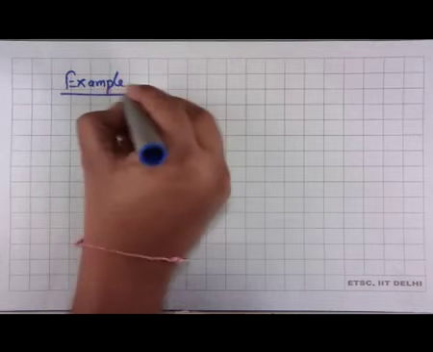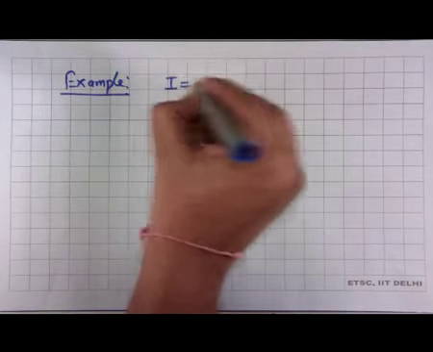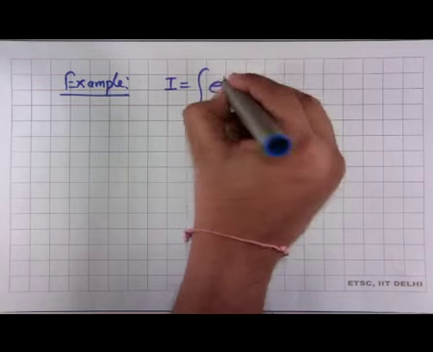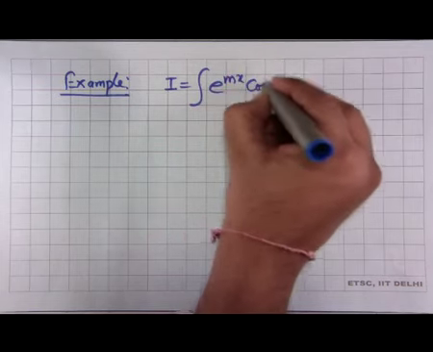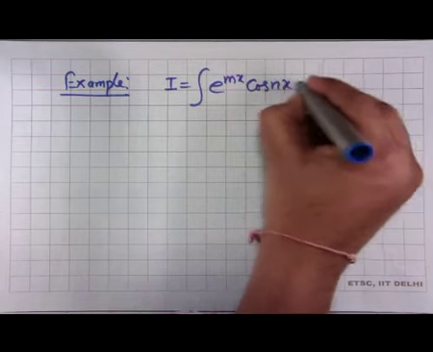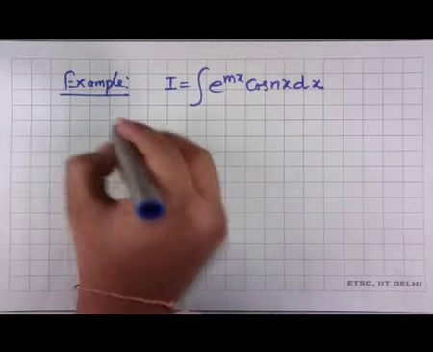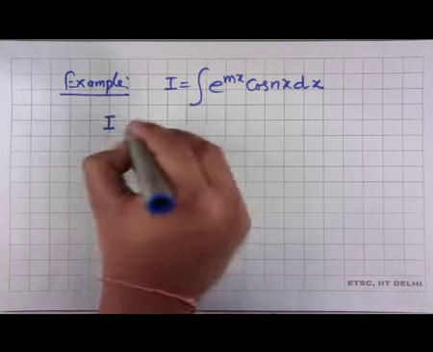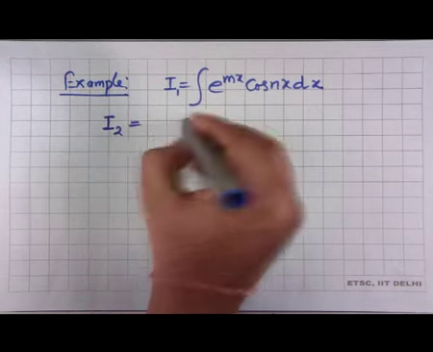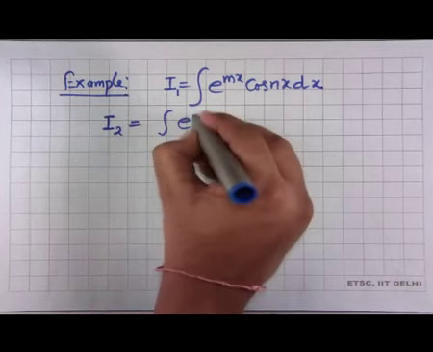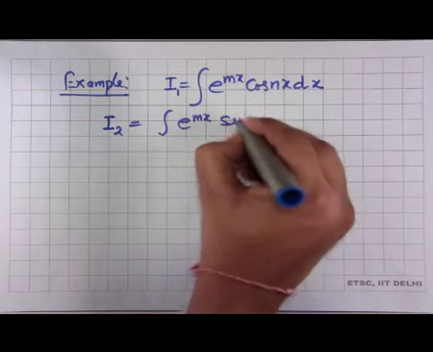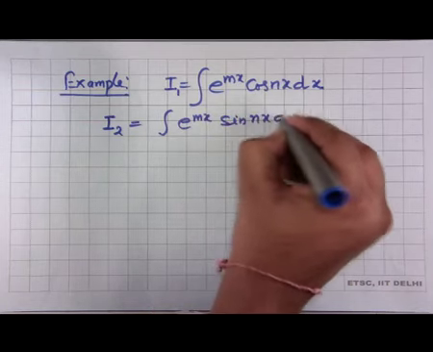So, look at the example of taking the integral of e raised to power mx cos nx dx, and let me call it I1, and let me call I2 the integral of e raised to power mx sin nx dx.